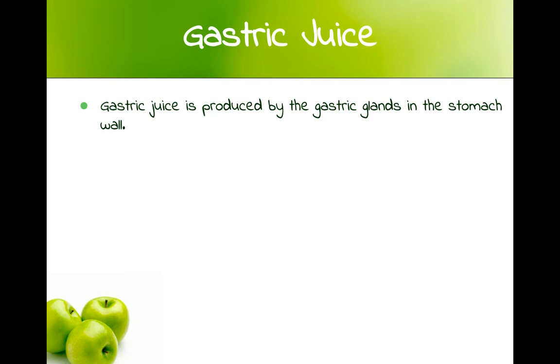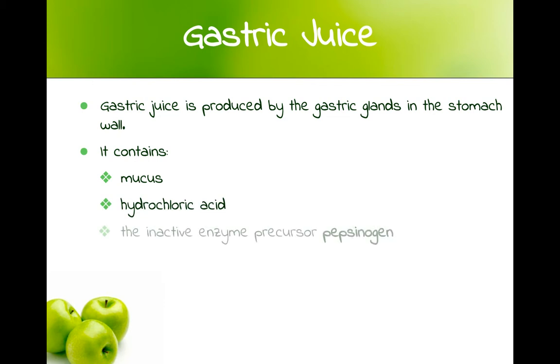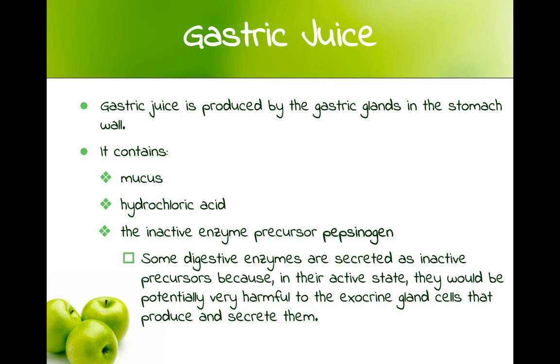Next, moving on to the gastric glands. The gastric glands in the stomach wall produce gastric juice. Gastric juice contains a few things. It contains mucus, it contains hydrochloric acid, and it contains the inactive enzyme precursor pepsinogen. We're going to have a couple of these inactive enzymes that are produced as precursors, and then they need to be activated.